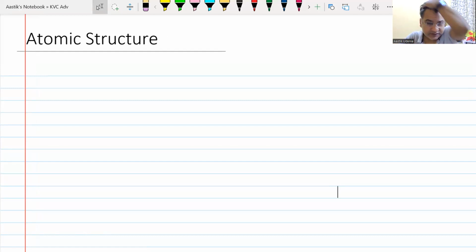There are other branches of physics which are more recent, like quantum physics, which we don't study in 11th and 12th standard. But this branch is known as modern physics, and it starts with the first heading: atomic structure, or structure of the atom.